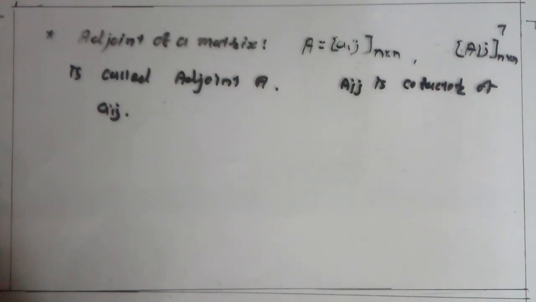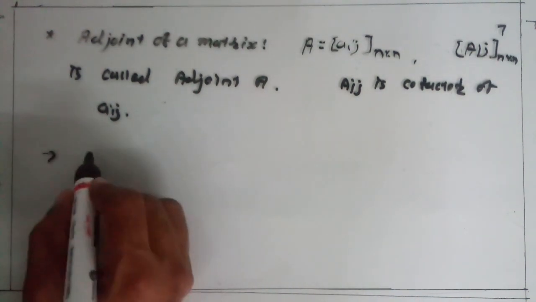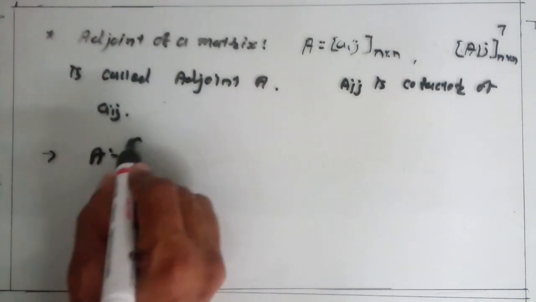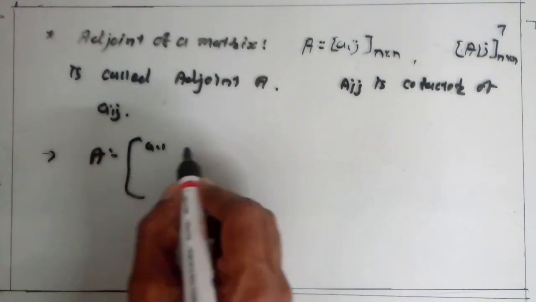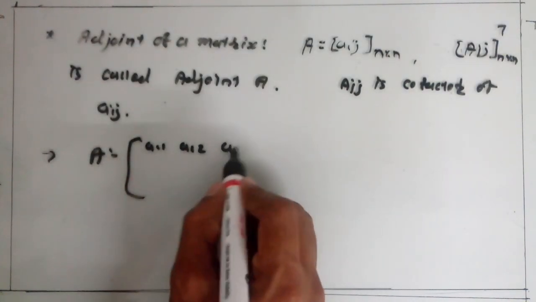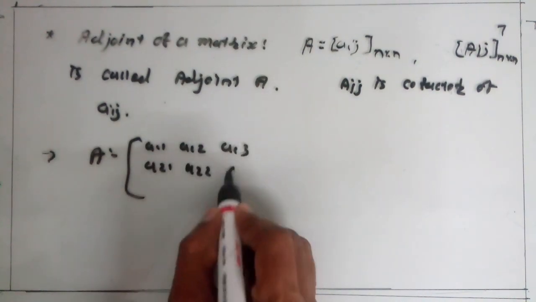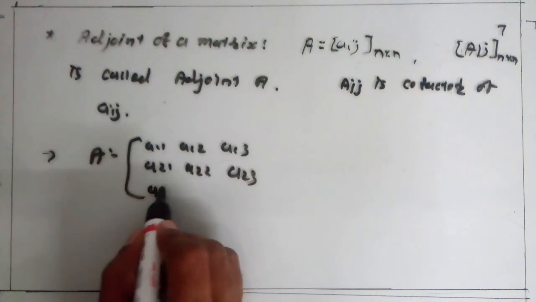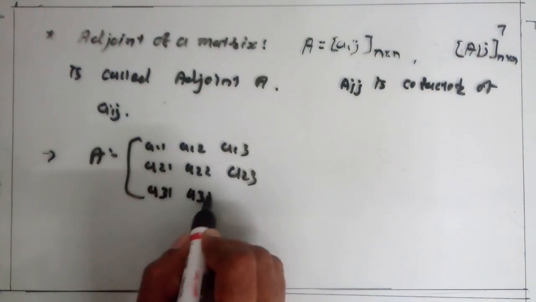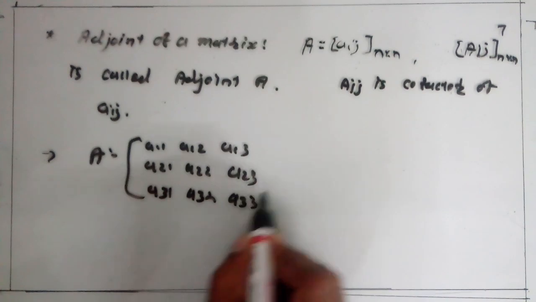The adjoint of a matrix is the transpose of the matrix obtained by replacing each element of the given matrix by its cofactor. Like as we have matrix A = [a11, a12, a13; a21, a22, a23; a31, a32, a33].